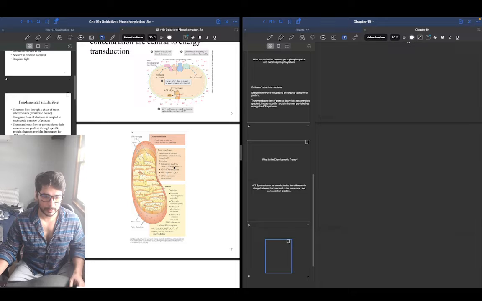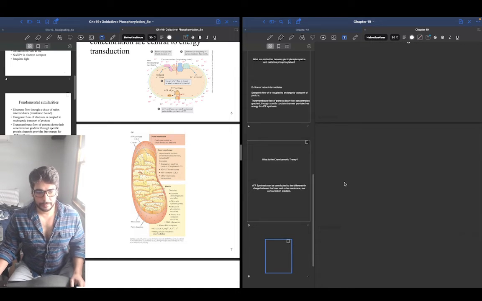It contains the respiratory electron carriers, which is complex 1 through 4, and ADP-ATP translocase, ATP synthase, and other membrane transporters. The matrix contains the pyruvate dehydrogenase complex, the citric acid cycle enzymes, fatty acid beta oxidation enzymes, amino acids, DNA, ribosomes, and many other enzymes. So what do I get from here?